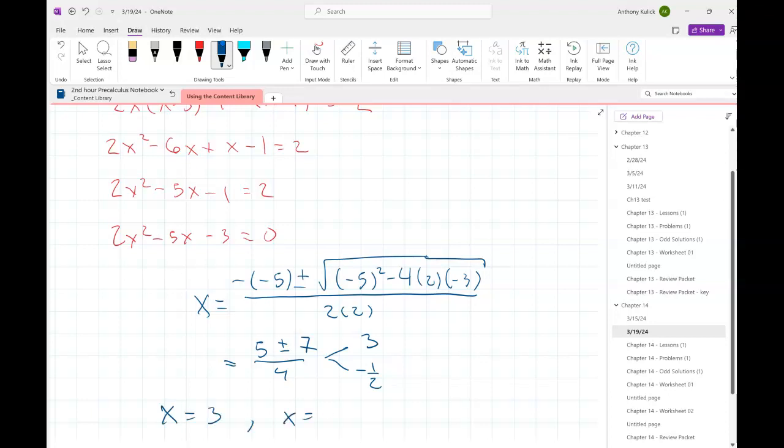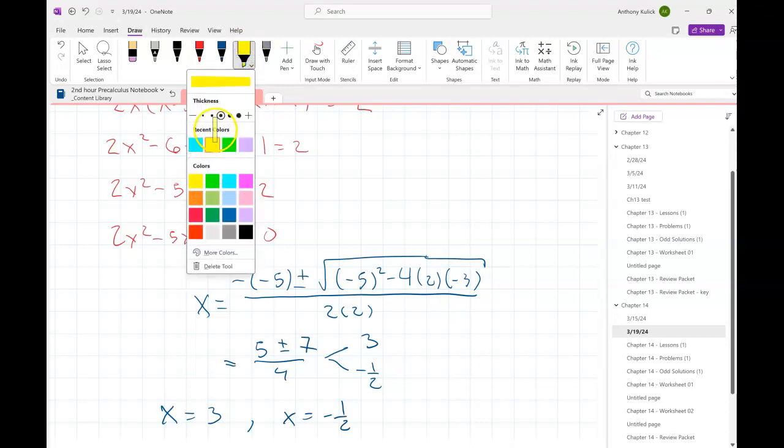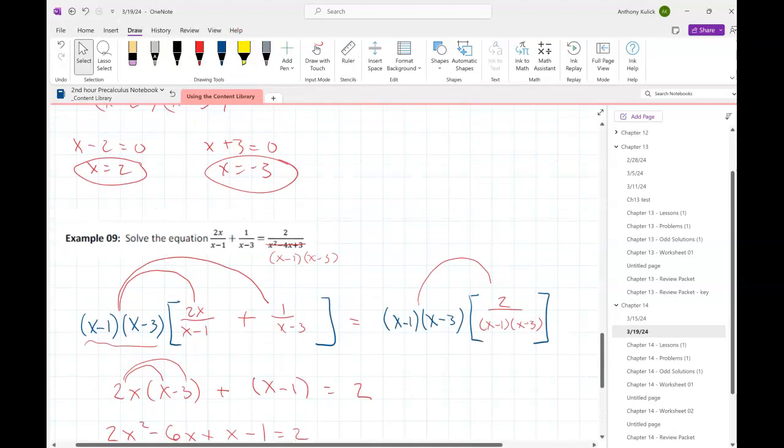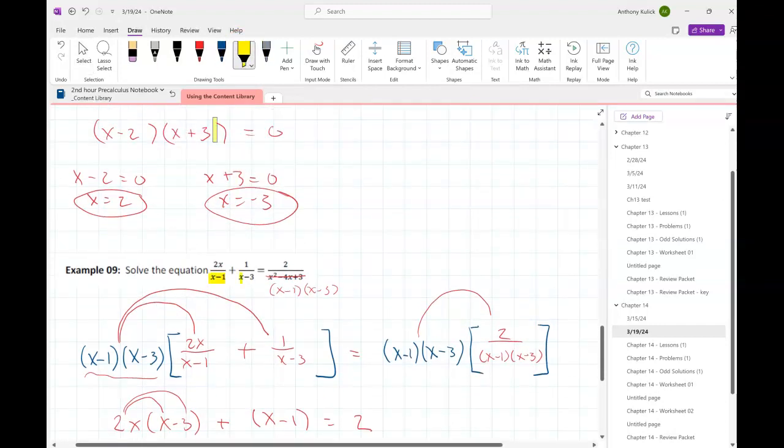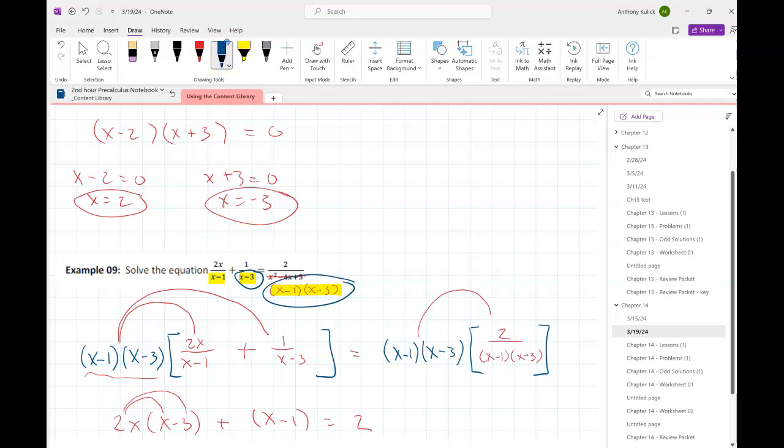Am I finished? No, I got to check. All right. x equals 3. If I plug that in for x, does it create a zero denominator anywhere? Yes! Zero denominators, right? Does it matter that it didn't happen in all the denominators? No, it just has to happen in a denominator.